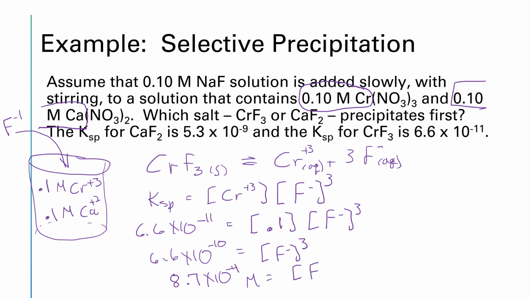This is the concentration of fluoride ion that is necessary for chromium 3 fluoride to precipitate. All right, on the next slide, we'll calculate the same thing, but for calcium fluoride, and we'll see which one is smaller. Whichever answer is smaller will be the one that precipitates first.